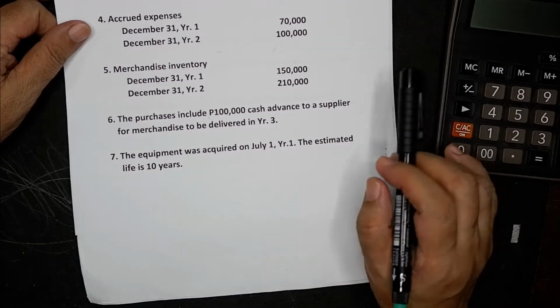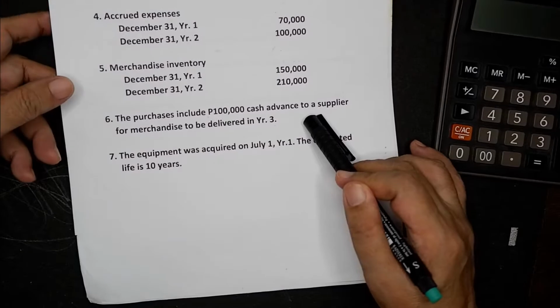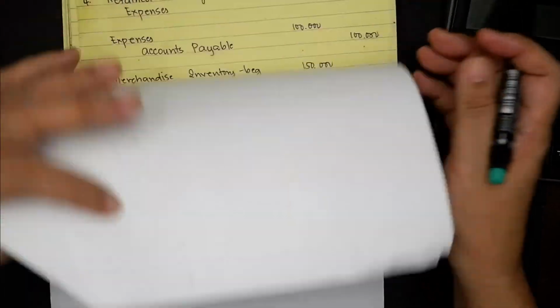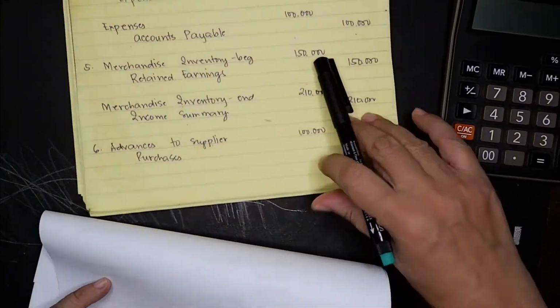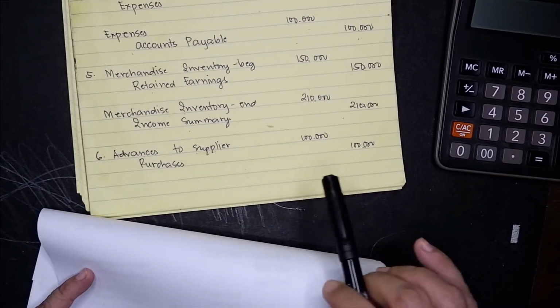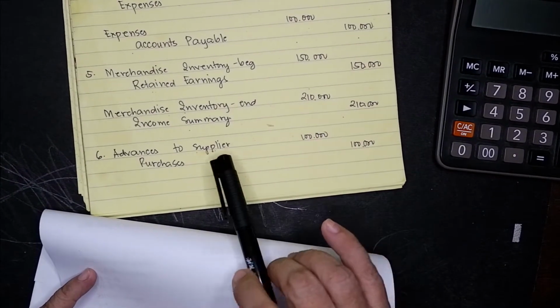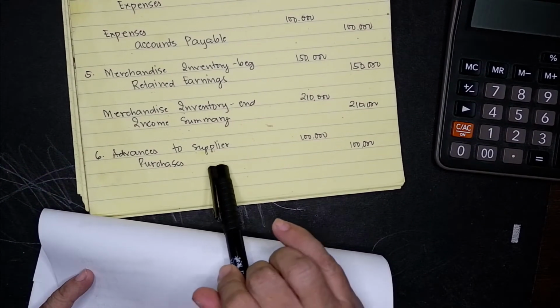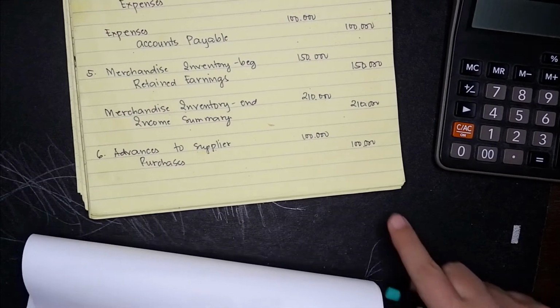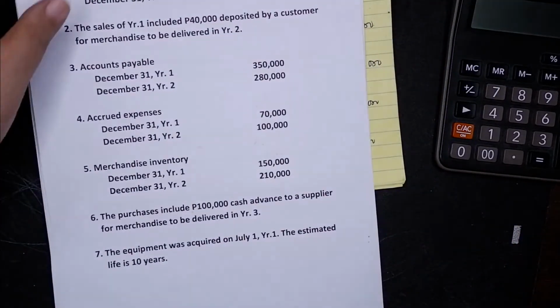Next year pa. Kaya, ang purchases natin ay overstated. Okay, so ang entry natin, debit advances to supplier, and credit purchases. We have to recognize our asset. So, debit advances, yun ang ating asset dapat, and credit purchases kasi overstated yung ating purchases.